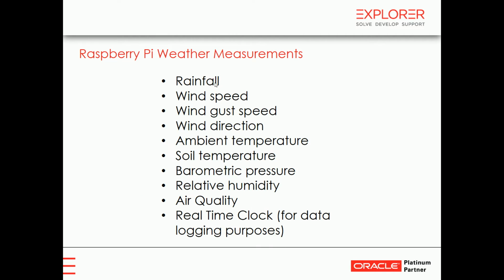So the things it measures are rainfall, wind speed, wind gust speed, wind direction, ambient temperature, soil temperature, barometric pressure, relative humidity, air quality, and it's got a real-time clock, so you can log the data with the time that it was recorded.